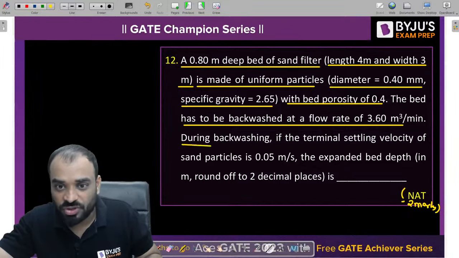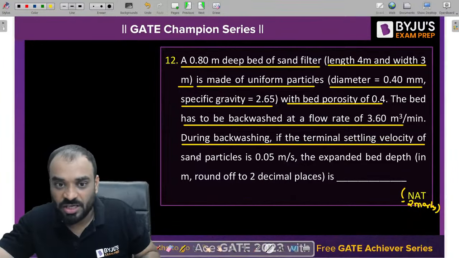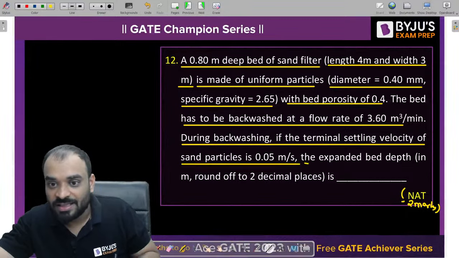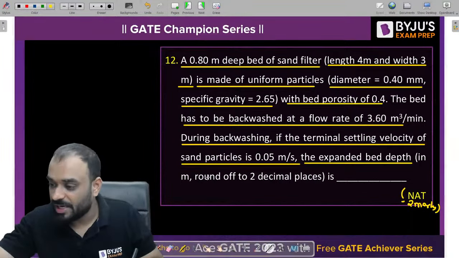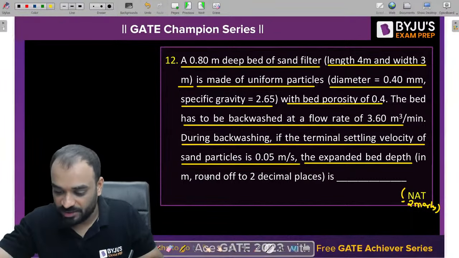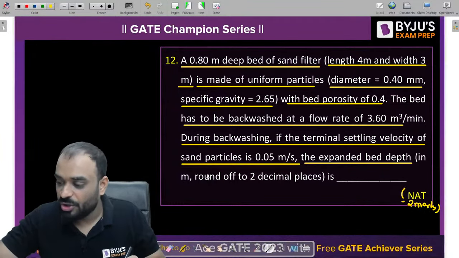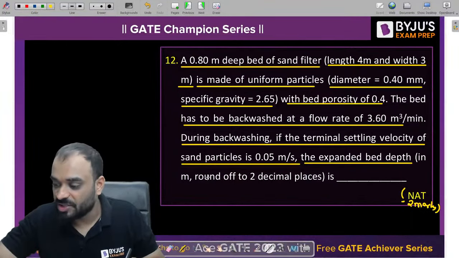During the backwashing, the terminal settling velocity of the sand particle is given, then what is the depth of the expanded bed? Now you need to tell me, guys, what is the depth of the expanded bed in this particular case? Do you know how to calculate it? And what is the relation between the porosity before backwashing and after backwashing?